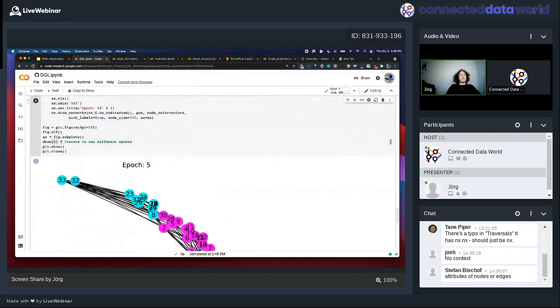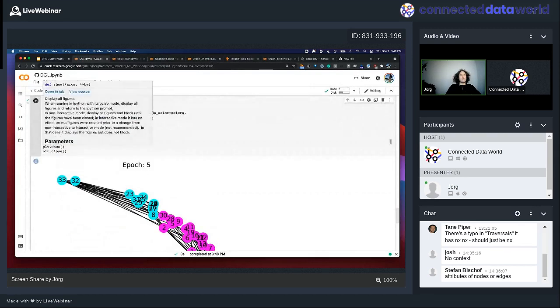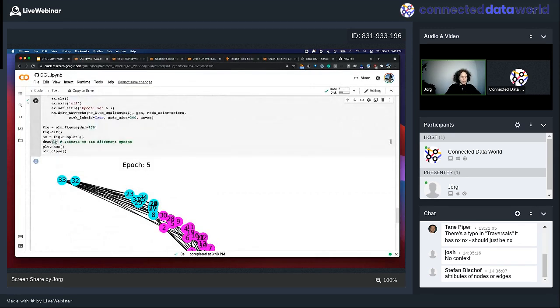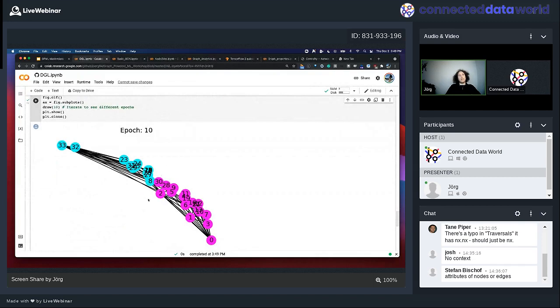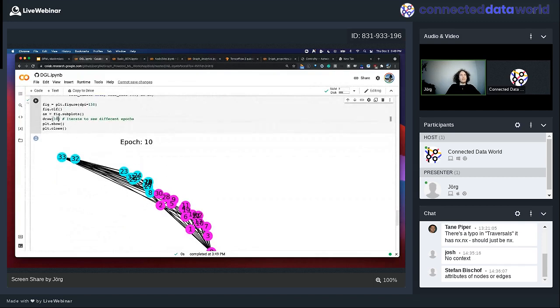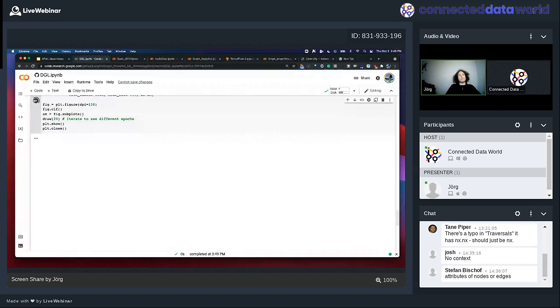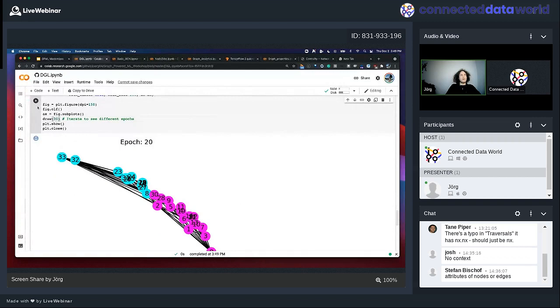So here, draw 5, this means after which iteration do we want to show it? Let's go to iteration 10 and see how that hopefully is pulling apart. Here we can already separate it. Let's go to 20. So iteration step 20 of learning. 30.